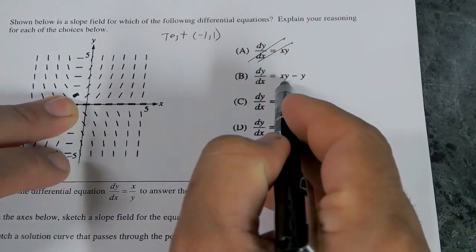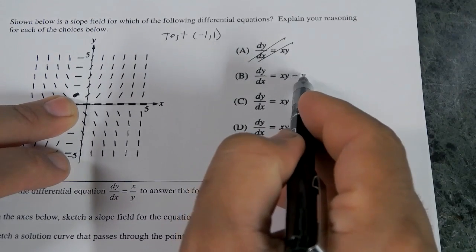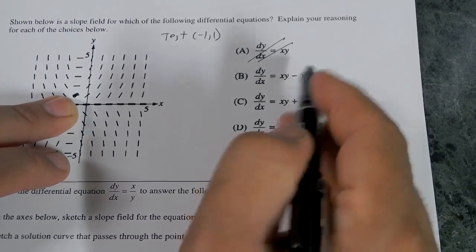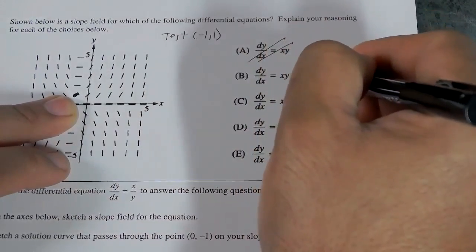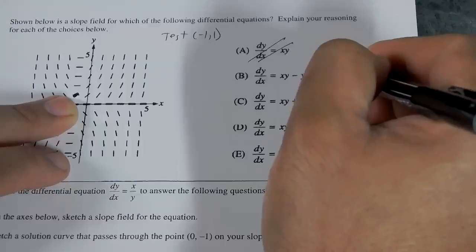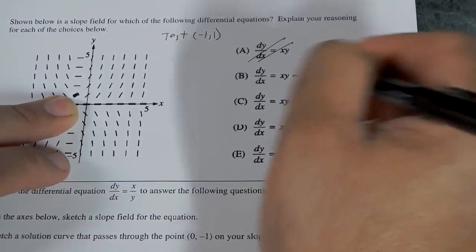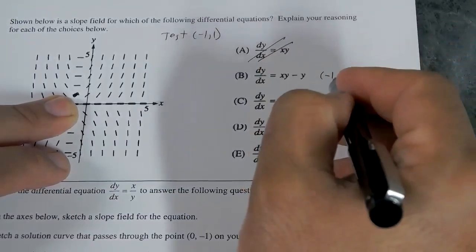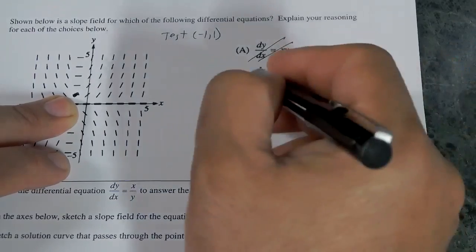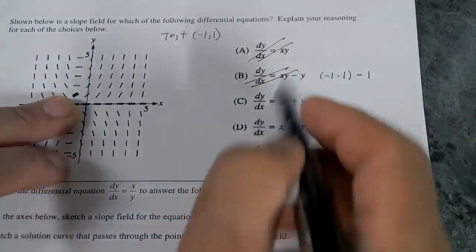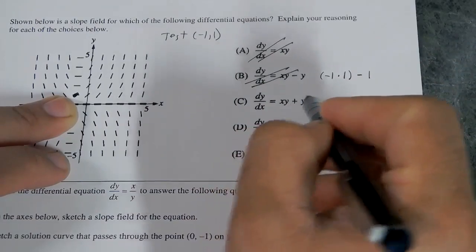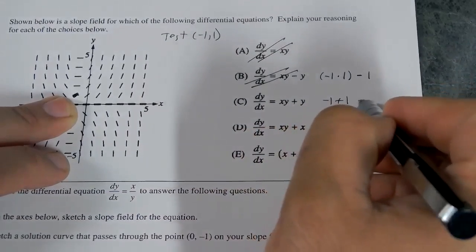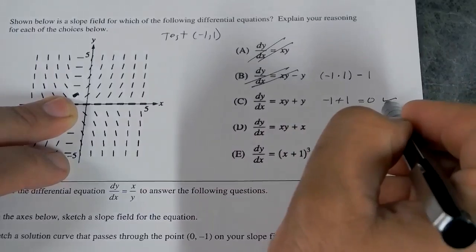Negative 1 times 1, which is negative 1, minus 1, right? Plug it in. Negative 1 times 1 minus 1. Negative 1 minus negative 1, that's not 0. Negative 1 plus 1, possibility, possibility.